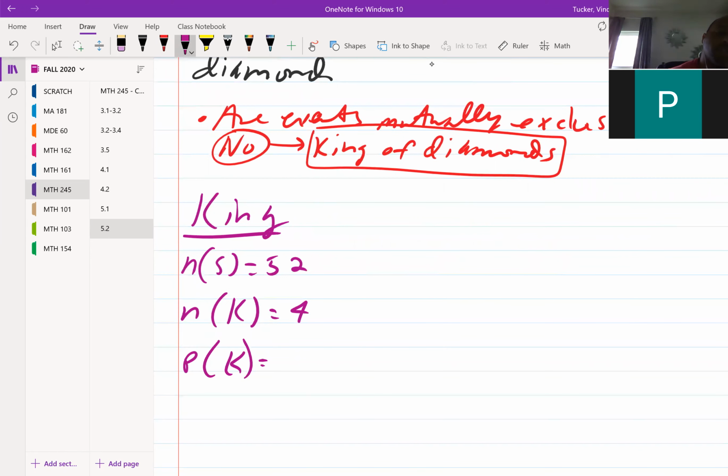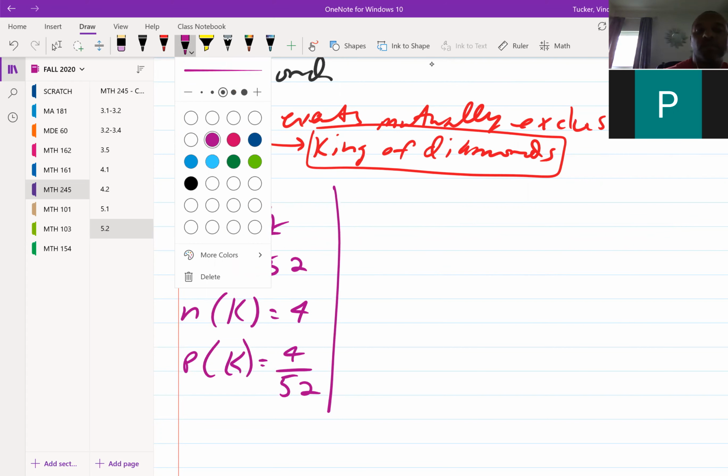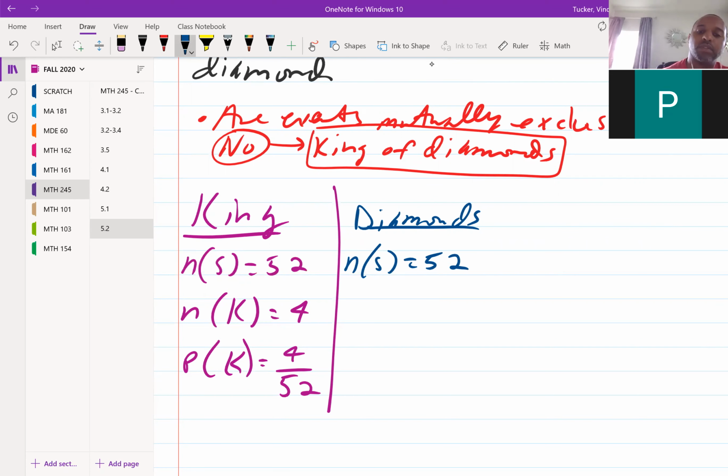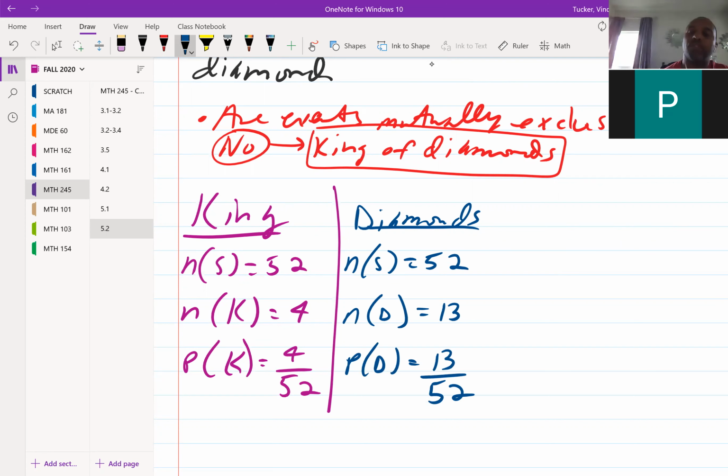Probability of getting a king is 4 out of 52. Diamonds: sample space is 52. Number of diamonds would be 13. There are 13 diamonds in the deck, and the probability of getting a diamond would be 13 out of 52.